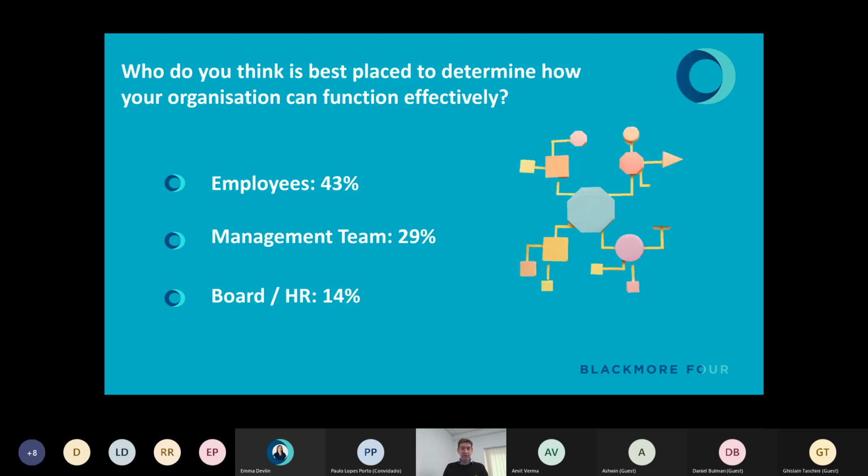But in truth, it's hard to say that one group on their own are going to be best placed to determine how the organisation can function effectively, and in part that goes probably to the basis of some of the answers you're giving. To know how people can function best together, you kind of have to know the people, and also then how they're going to function, how they're going to work together, have some insight about them individually, but also then as a group of people, how's that going to work?